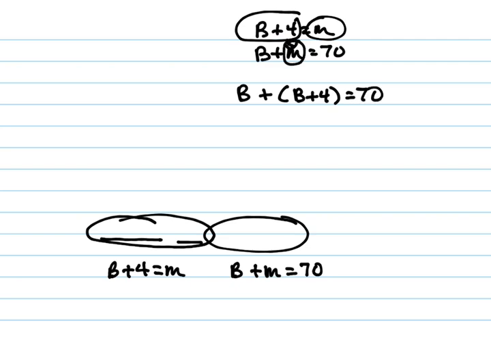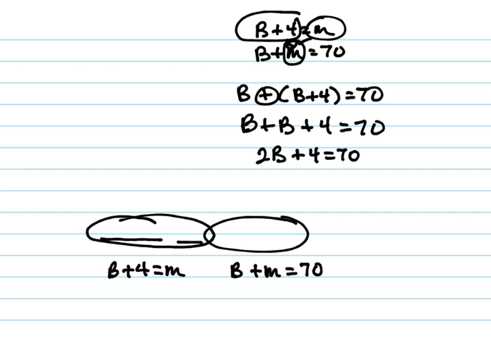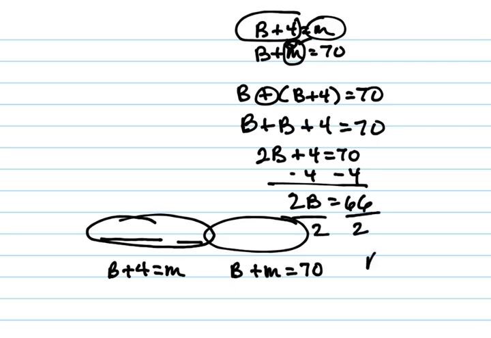All I'm doing is simply replacing the M with that whole value. So B plus (B plus 4) equals 70, because the plus isn't going to do anything to the brackets, which gives you 2B plus 4 equals 70. We'll subtract the 4 from both sides, giving 2B equals 66. Divide by 2, we find that Bruce is 33.